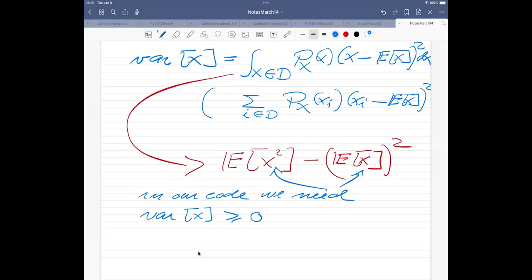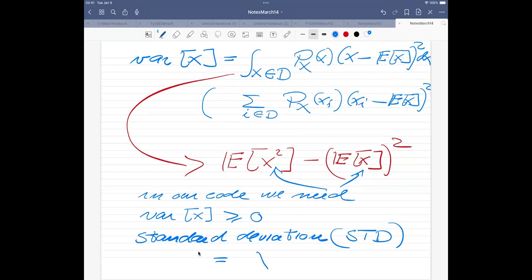So the standard deviation is then, this is the quantity we typically add, the square root, or STD, as you will see. That is simply the square root of the variance.